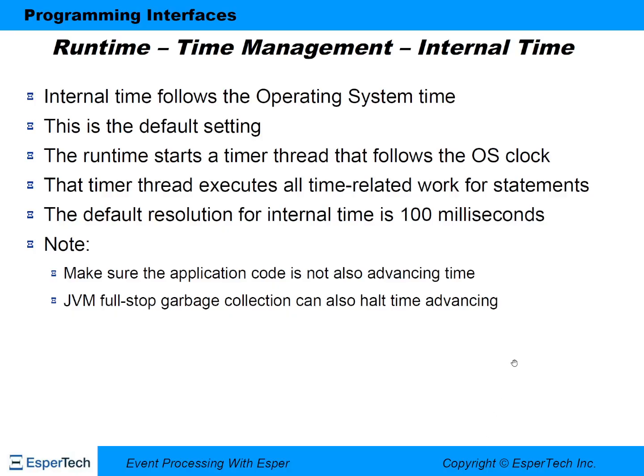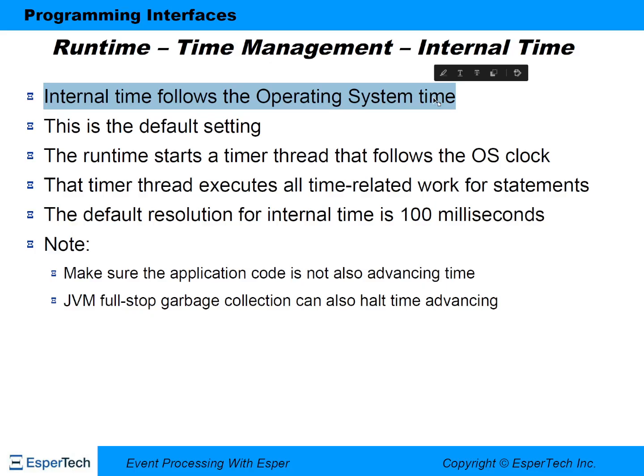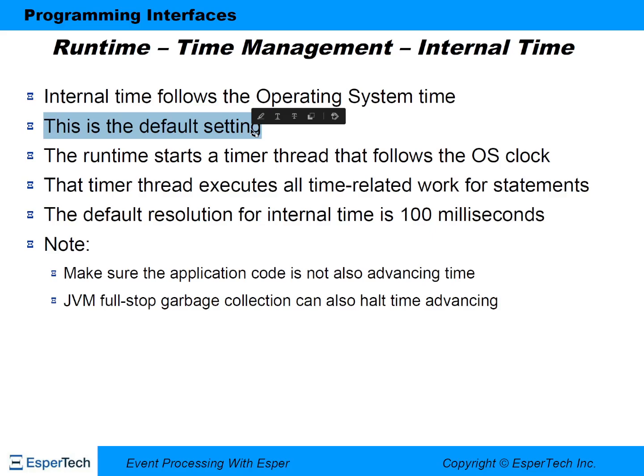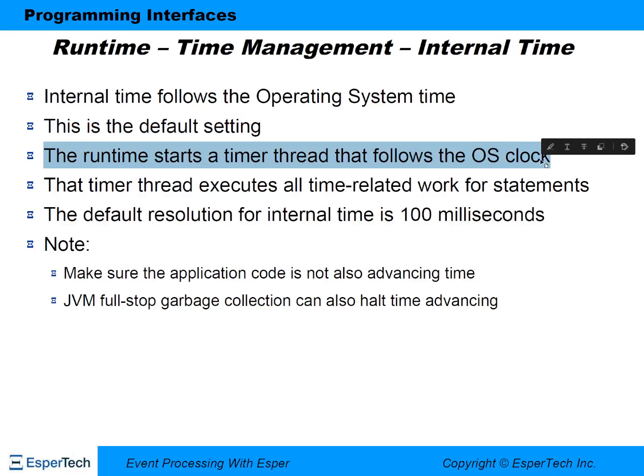This slide continues the discussion of time management and summarizes internal time. Internal time follows the operating system time. Internal time is the default setting. So when using the default configuration, the runtime uses internal time. When using internal time, the runtime starts a timer thread that follows the OS clock.